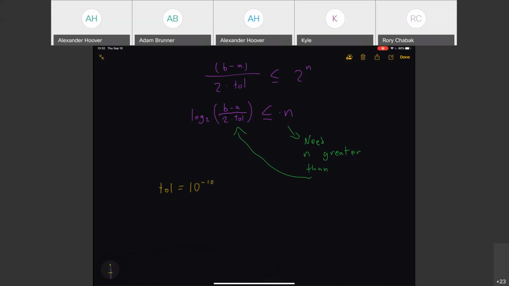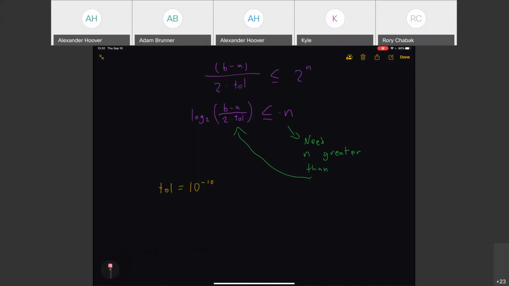Just a quick question: what is the smallest tolerance that makes even some amount of sense in our code here? Just a quick little question for anybody who's paying attention.